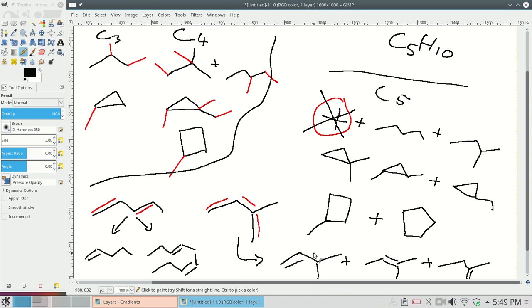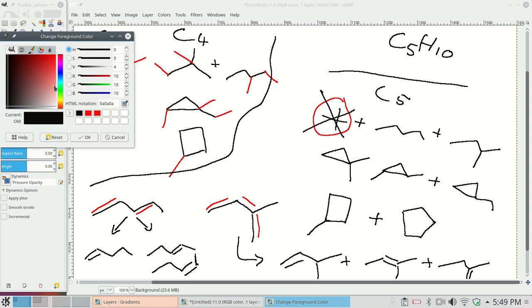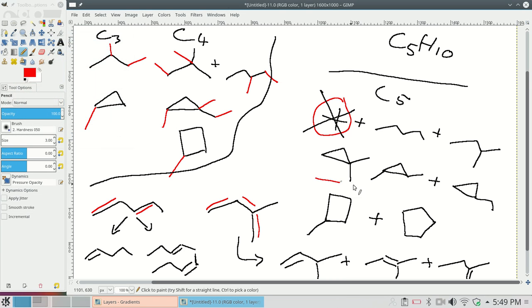So C5H10 with 1 unit of unsaturation will have a total of, and I'm going to just mark them all in red, 1, 2, 3, 4, 5, 6, 7, 8, 9, 10, 11 structures. So that was isomer generation in a systematic way with 1 unit of unsaturation.